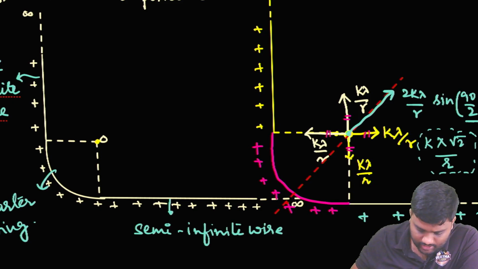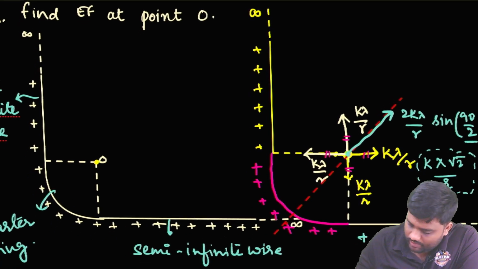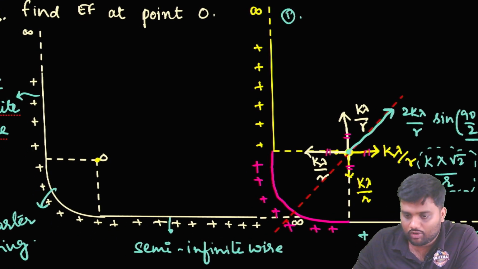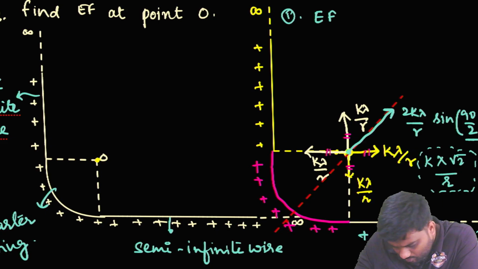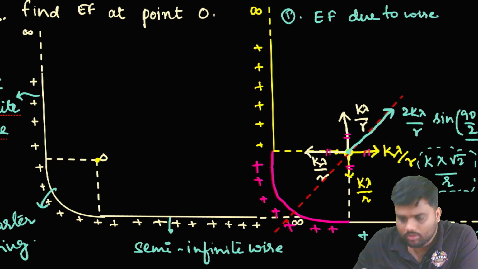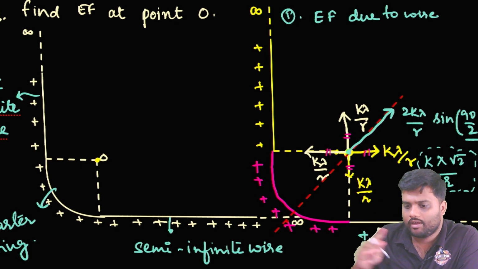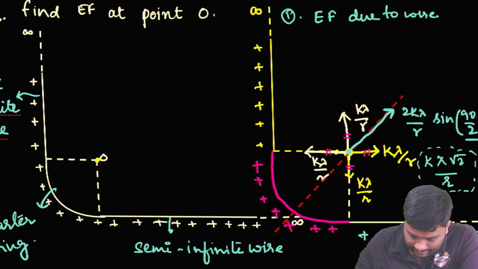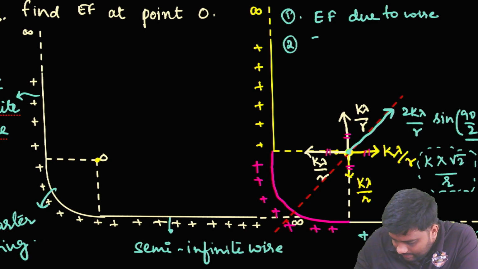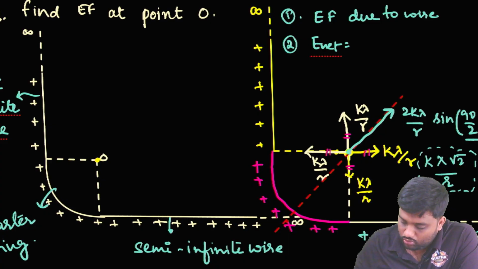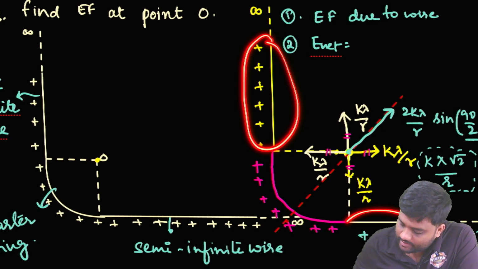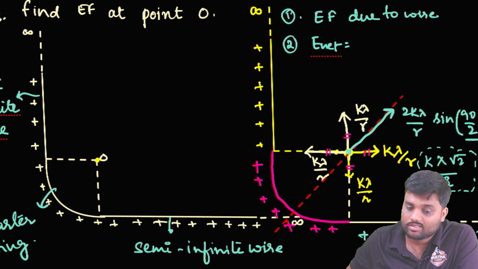What concept was used here? First of all, the electric field due to wire. Next thing is net electric field at point O. At this point O, you need to get the net electric field due to the semi-infinite wires, meanwhile due to this quarter ring.